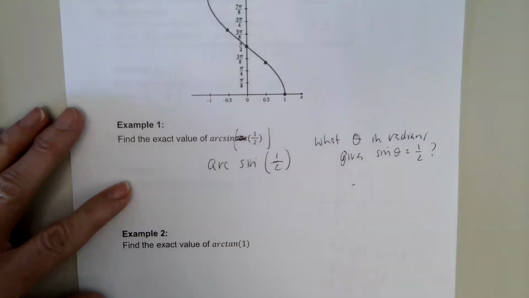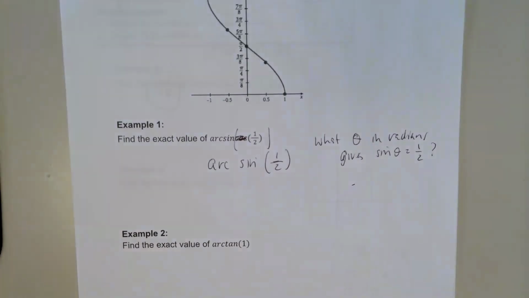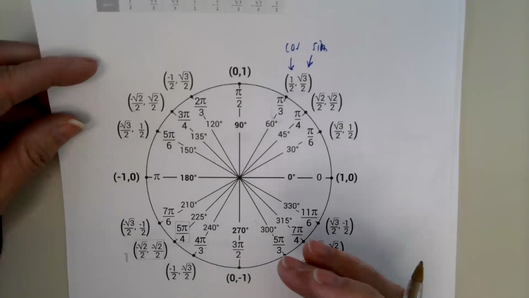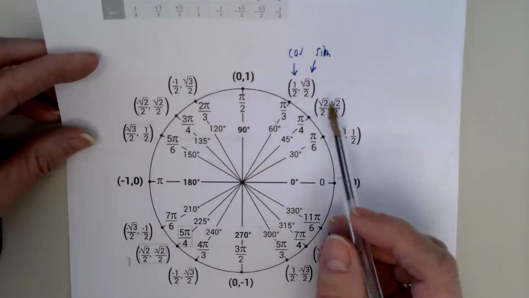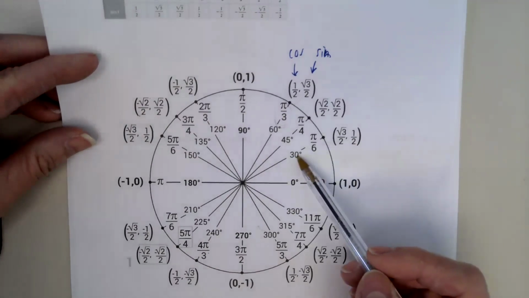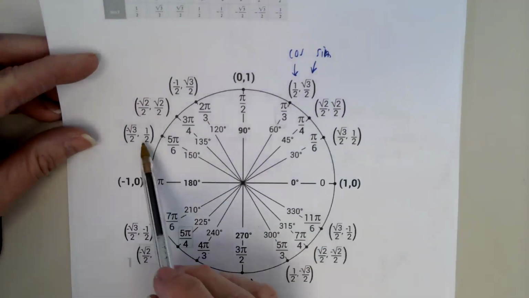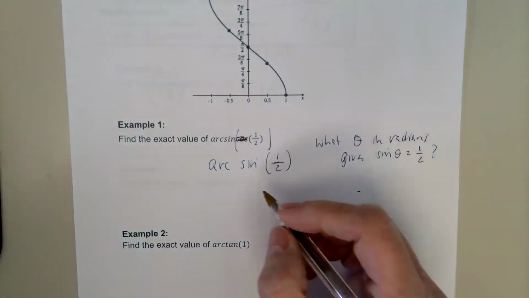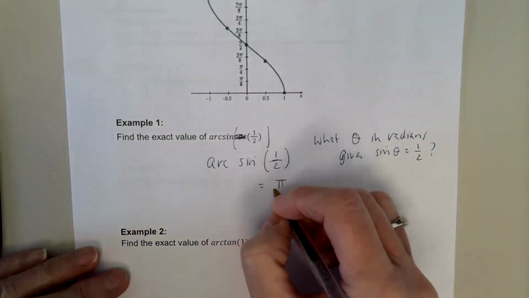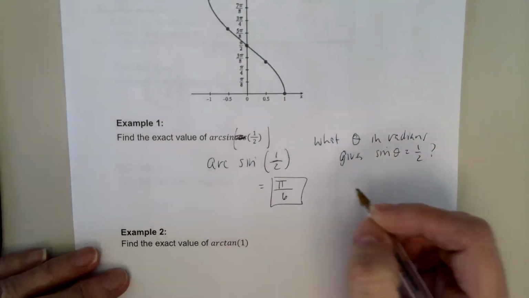That's the question I'm asking myself. And so we're going to go to our unit circle and say, okay, sine is 1/2 at π/6. It's also 1/2 at 5π/6, but we're going to use the π/6. So this is equal to just π/6.